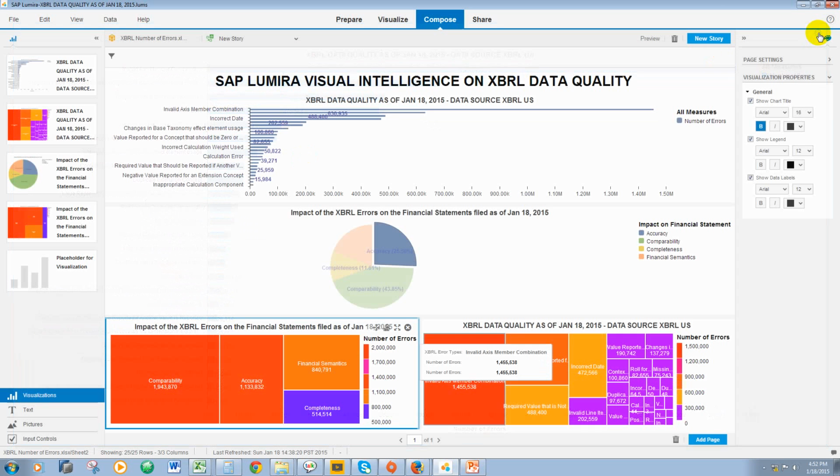So let us see these numbers through a tree map over here.